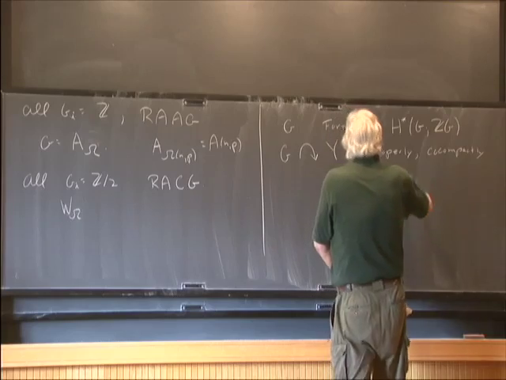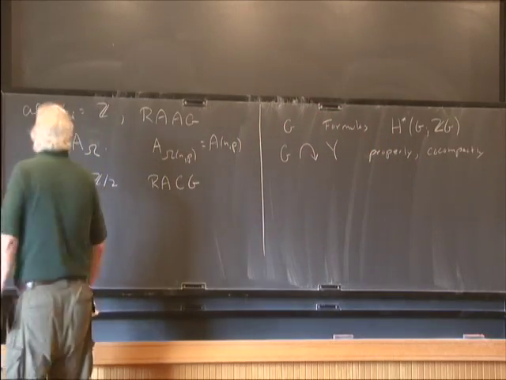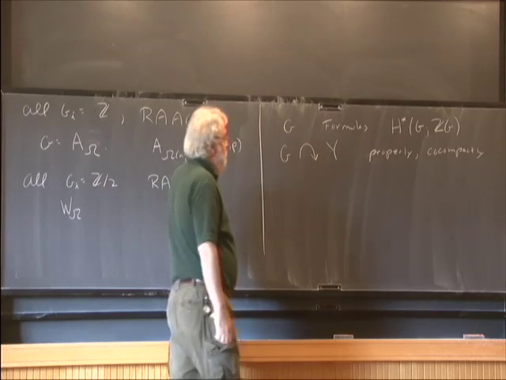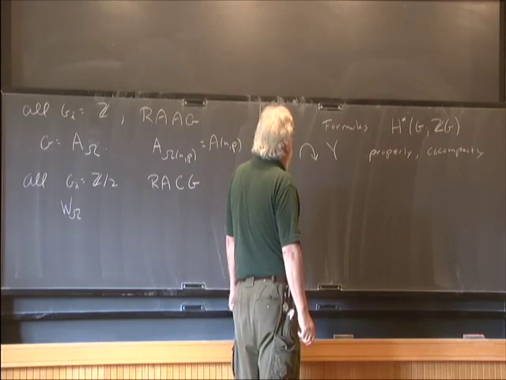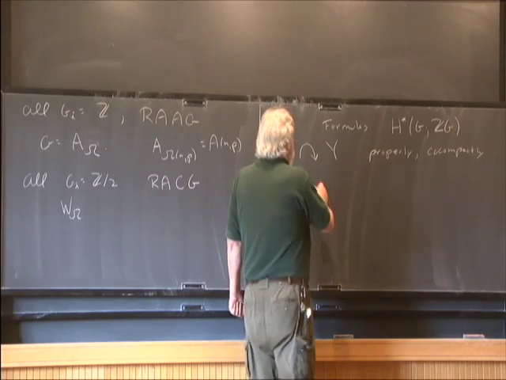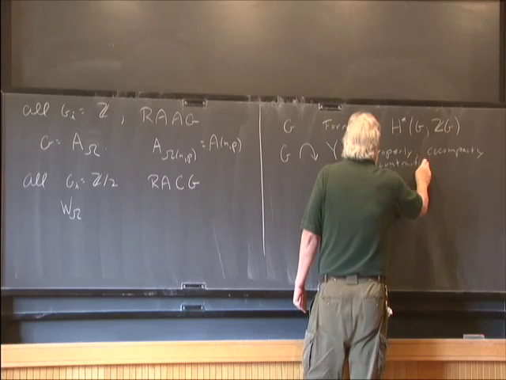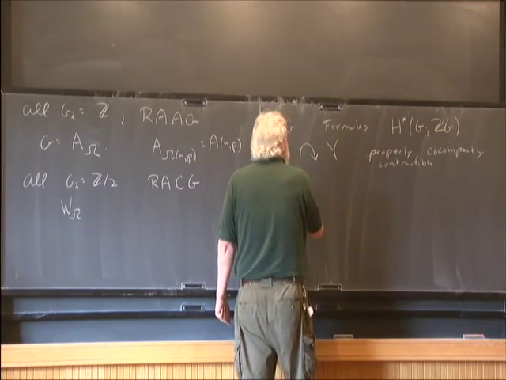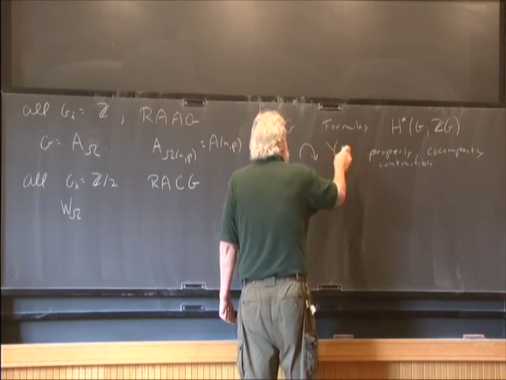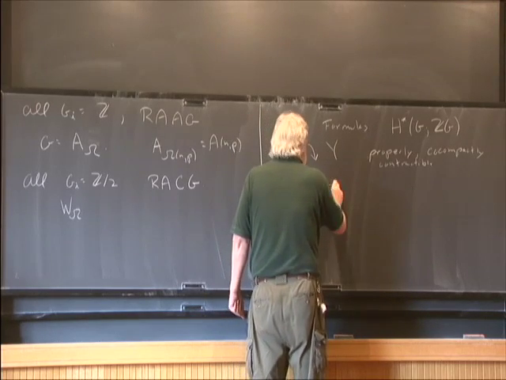If you like, it's the cohomology of the K(G,1) with local coefficients in ZG. But if this is contractible, all I wanted to say is that the meaning of this is, if you like, the cohomology.